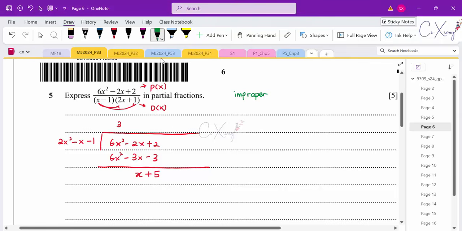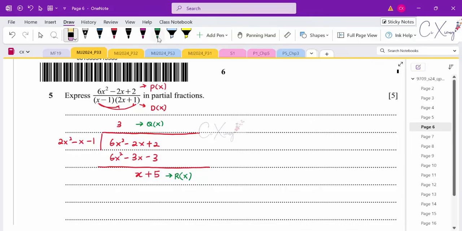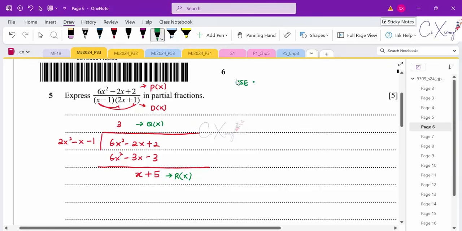Okay, so what we have here we call the quotient, and what we have here we call the remainder. We cannot continue the long division anymore, so this remaining part here we call the remainder. Just to recall a little bit, originally when we write out the polynomial in an equation, the polynomial equals quotient multiplied with divisor, so divisor multiplied with quotient plus remainder.